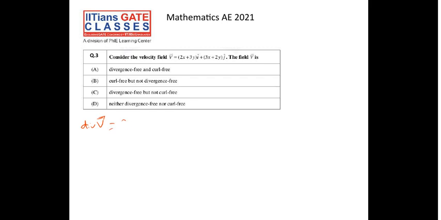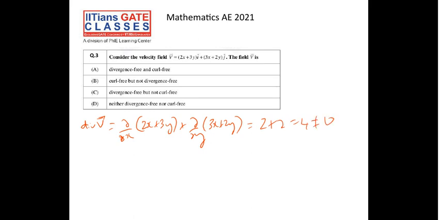So divergence of vector V is equal to, just apply the standard formula, dou by dou x of the x component, which is 2x plus 3y, plus dou by dou y of the y component, which is 3x plus 2y. This comes to 2 plus 2, which is 4, which is not equal to 0. So since divergence is not 0, this has divergence.